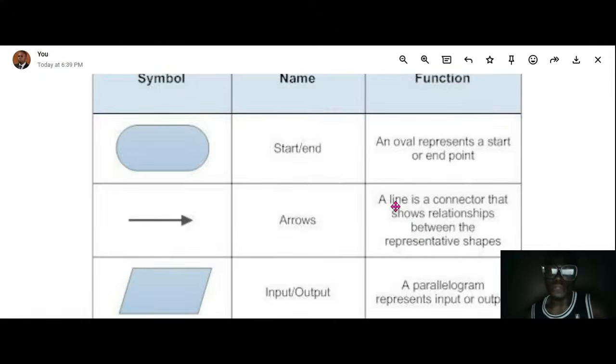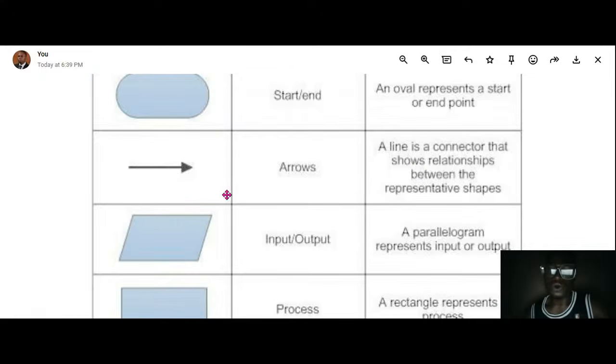Then the arrows. What do we use the arrows to do? We use the arrows to connect. They are connectors that connect the different shapes. A line is a connector that shows relationships between the representative shapes. I answered this question in my own set.